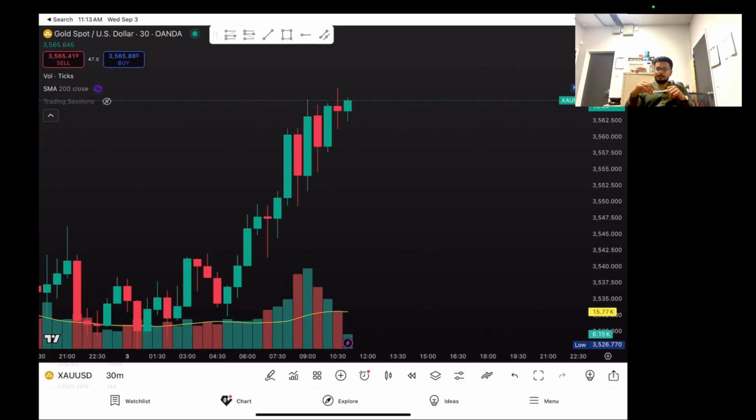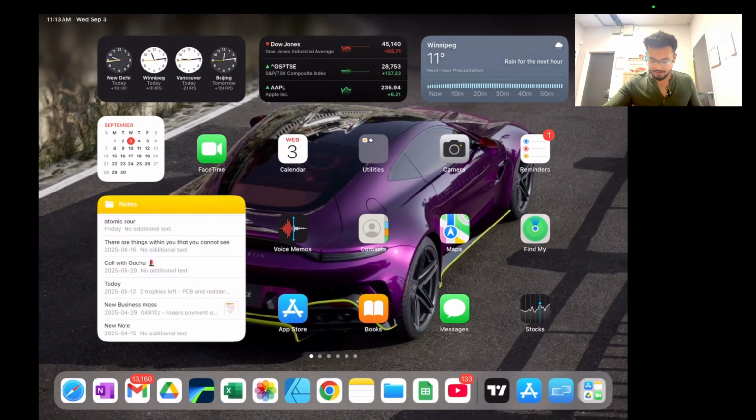Coming into September, I'm taking it a little easy on the lot size because I want to develop a habit of holding it much longer, and one red candle should not affect my trade, or one green candle, one opposite direction candle should not affect my decision-taking capabilities, and I should be able to hold longer for the trade.